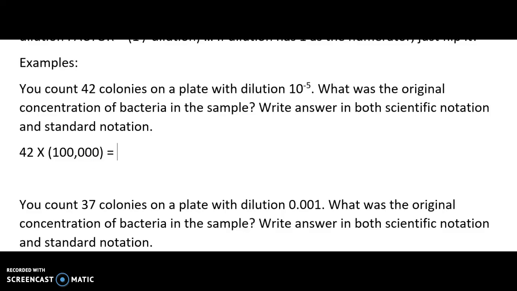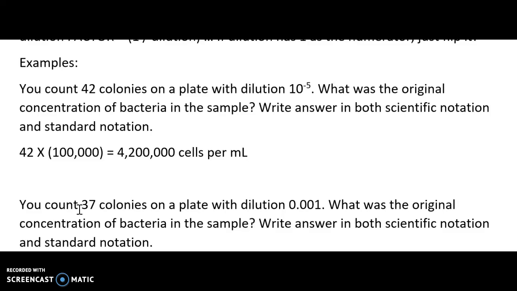Equals. And then you can use your calculator, or you can do it any number of ways. And the answer is 4,200,000 colonies or cells per, I guess, milliliter in this case.